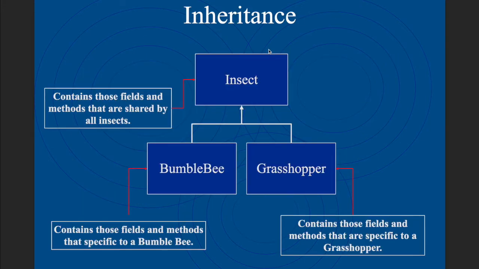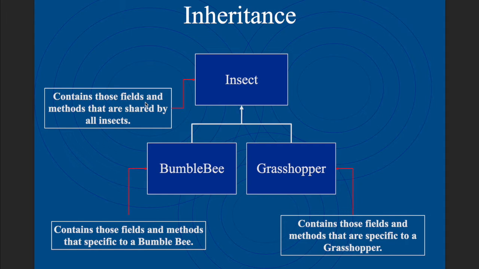Let's take a look at this example. Instead of writing and rewriting many different classes, objects with the same fields or the same methods, we can generalize them. We can write one general class or superclass, which we name insect.